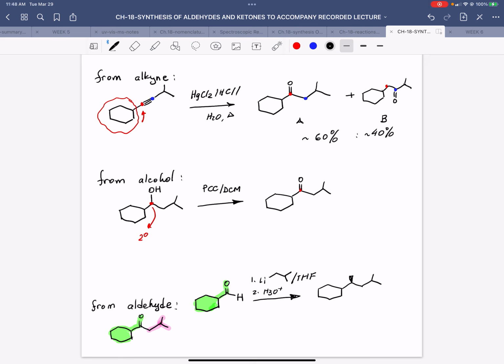Of course, my alcohol will be a racemic mixture. And after that, we could just go to the synthetic step. Okay?